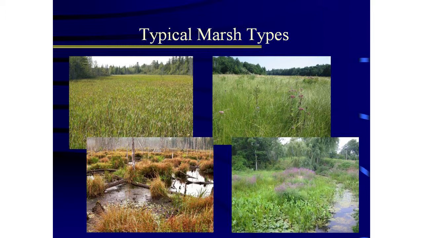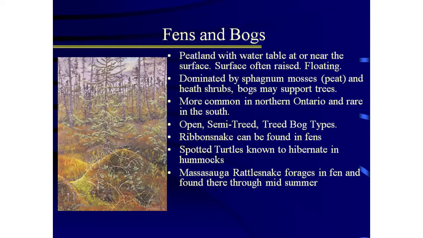And then fens or bogs. Fens and bogs are wetlands that are much less common in southern Ontario. They're basically very acidic communities, and they don't have a lot of nutrients in them. And with bogs, they have a lot of organic peat accumulation.